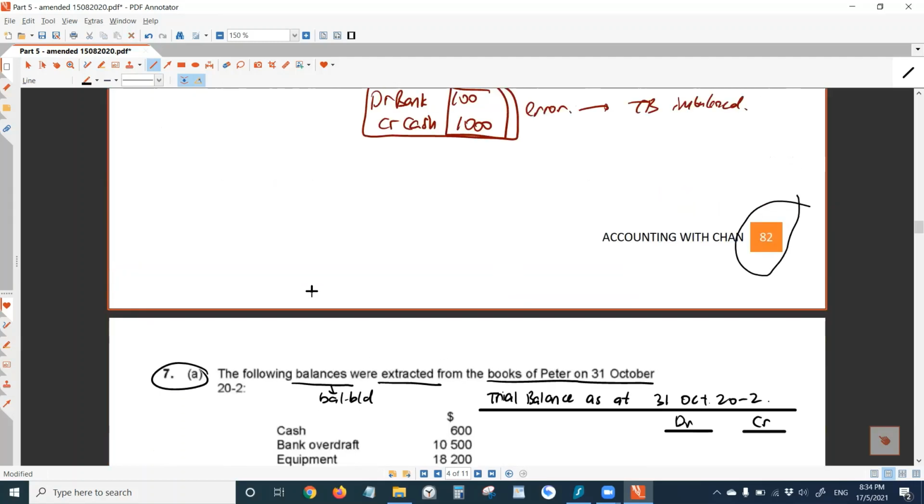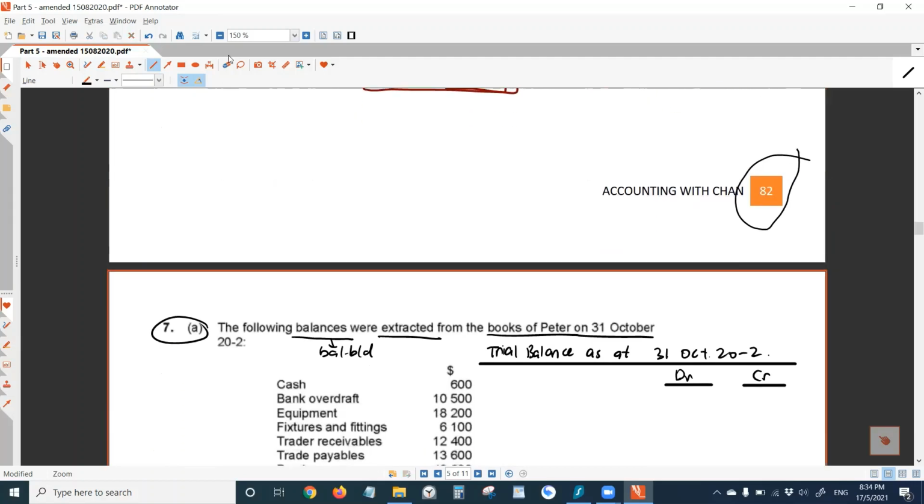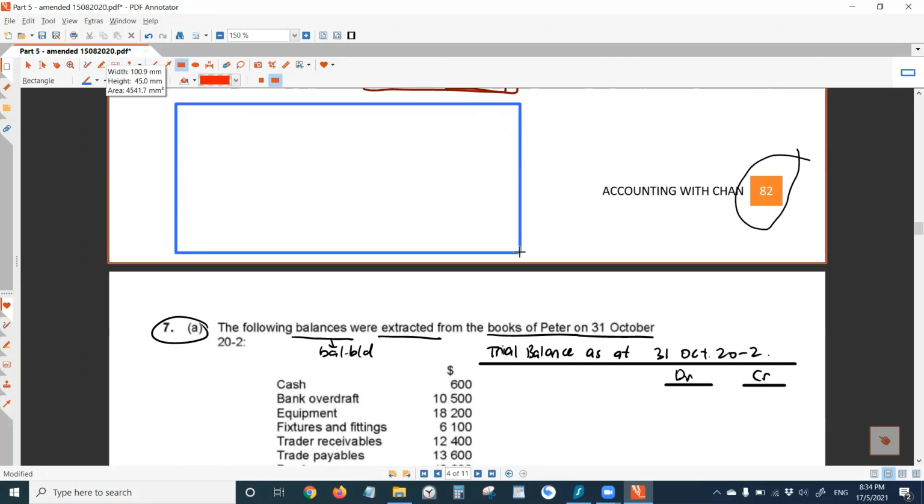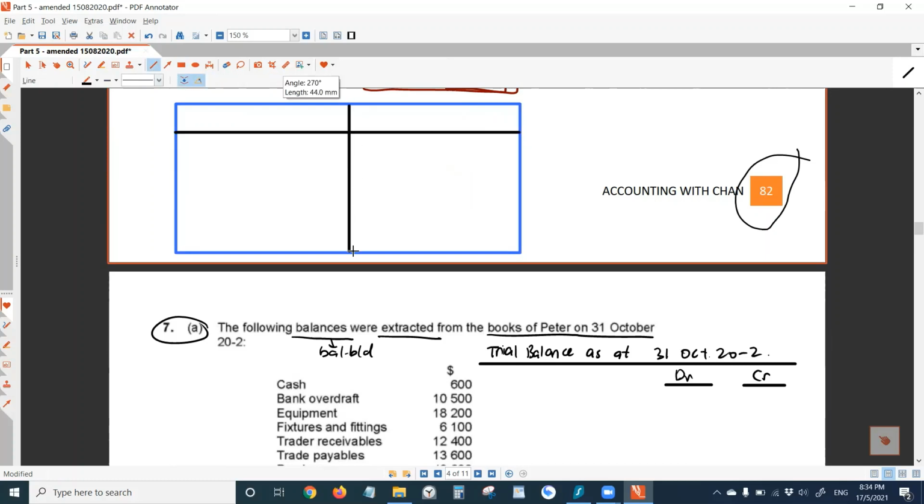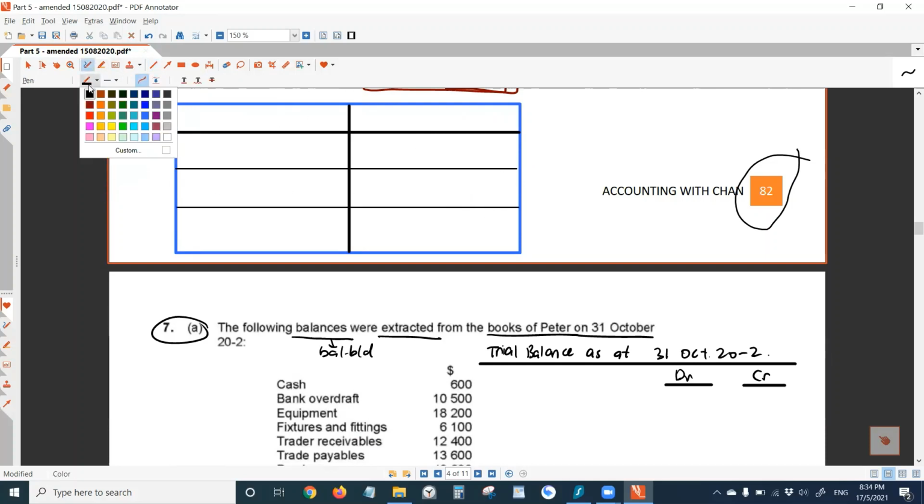I'm going to draw it here. A table like this. Then you fill up the blanks.